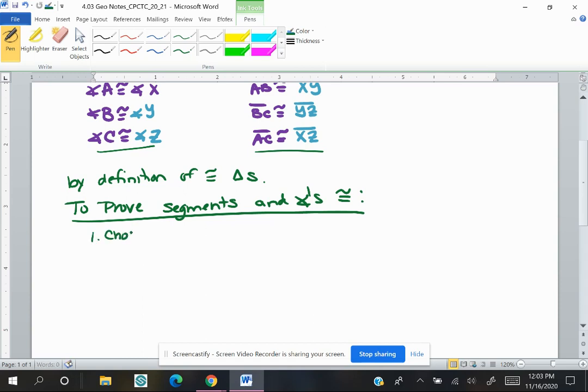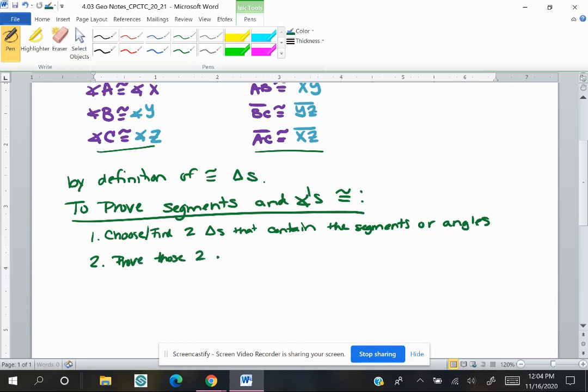So choose or find, depending on the problem, two triangles that contain the segments or angles that you're looking to prove congruent. Then you would need to prove those two triangles congruent. And again, you've got 5 shortcut ways of doing that.